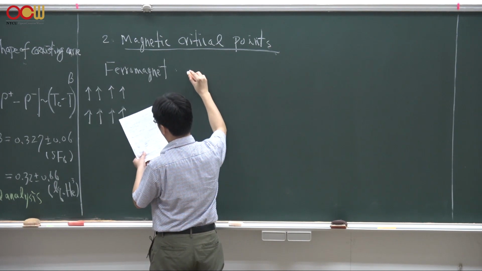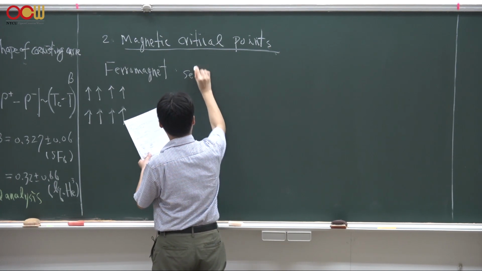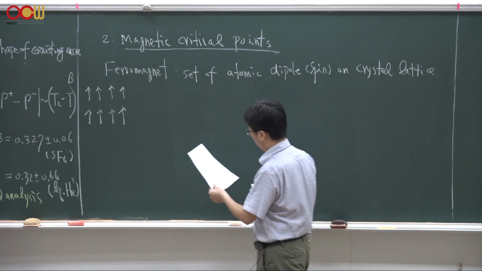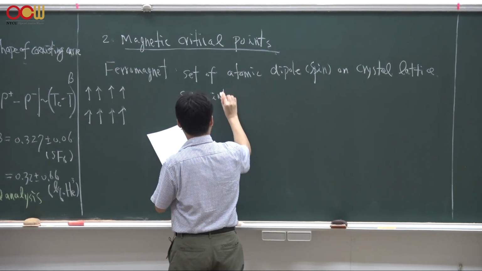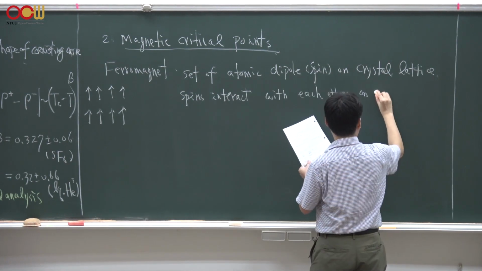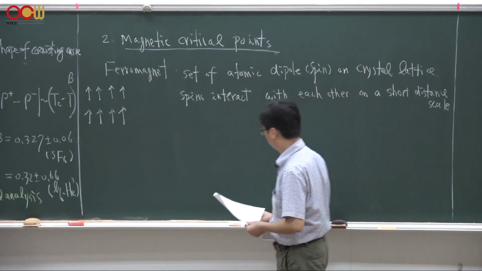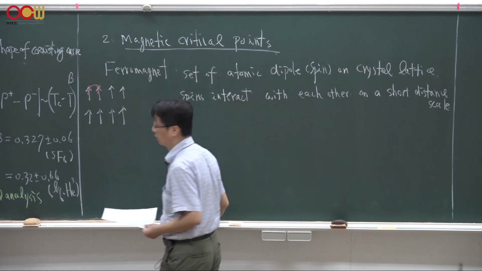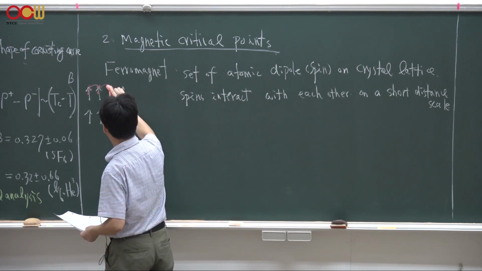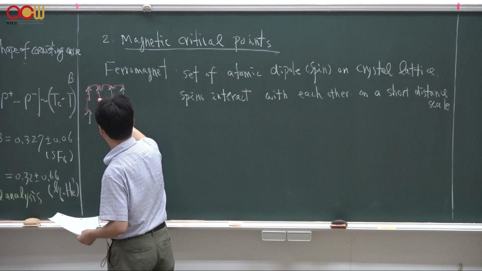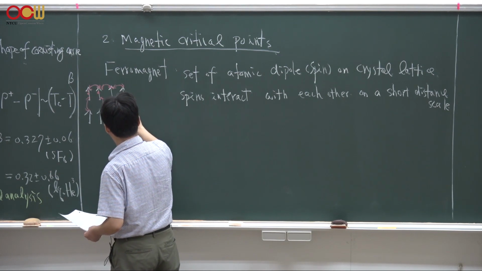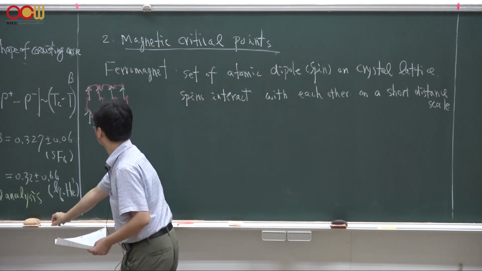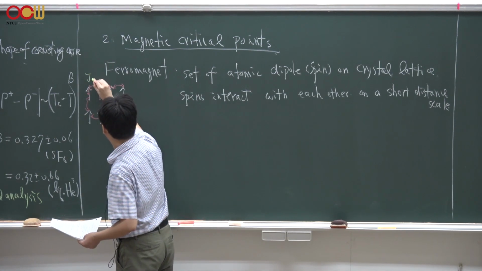They form these parallel orientations of the spins. Let me formally define this ferromagnet. It's a set of atomic dipoles or spins on a crystal lattice, and the spins interact with each other on a short distance scale. For example, the spins interact ferromagnetically with the neighboring spins. All the spins on the neighboring sites are coupled by so-called spin exchange couplings, which we call J ferro.